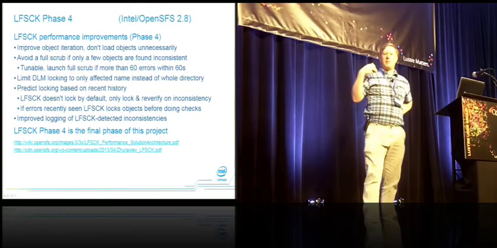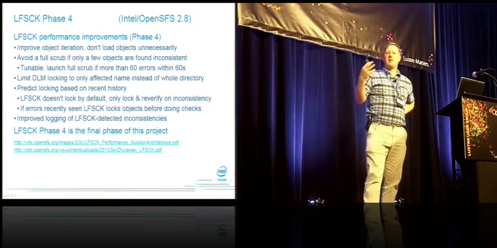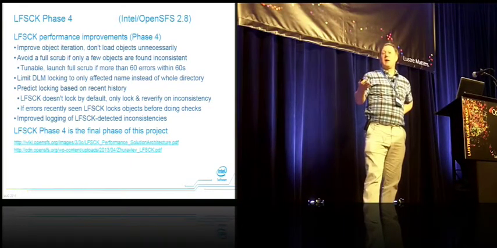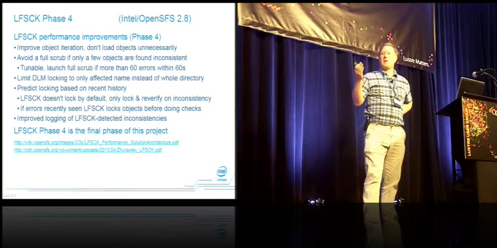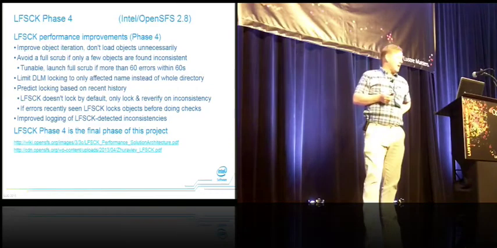If there are common cases, say you upgrade a file system from 1.8 to 2.x and you don't have FIDs on your file system, it will report that once, but it's not going to print 350 million or a billion error messages into the log saying, oh, you don't have a FID here either.